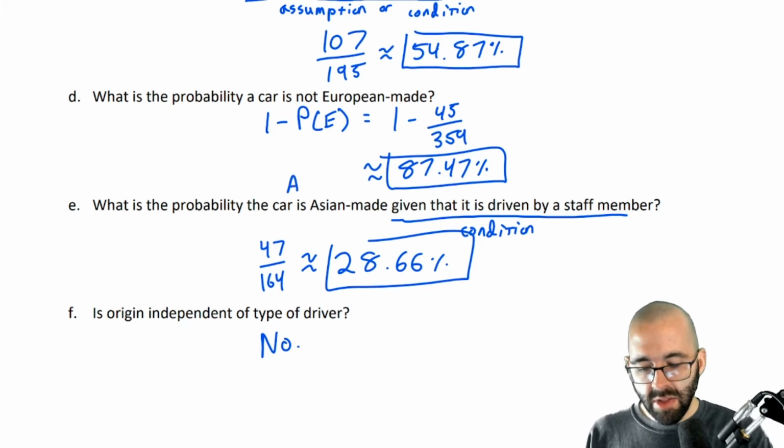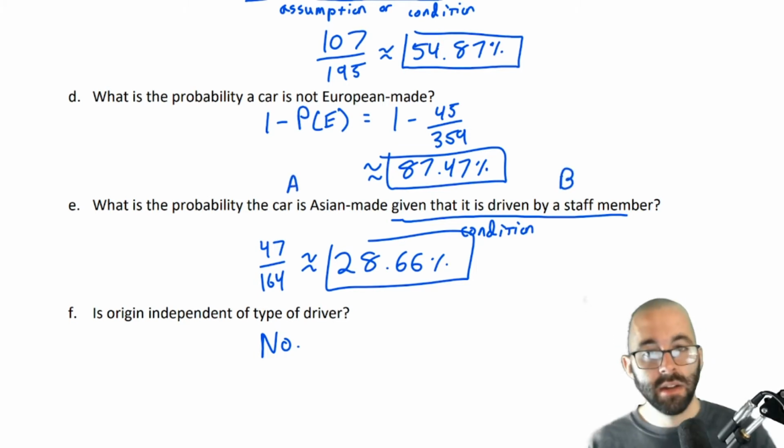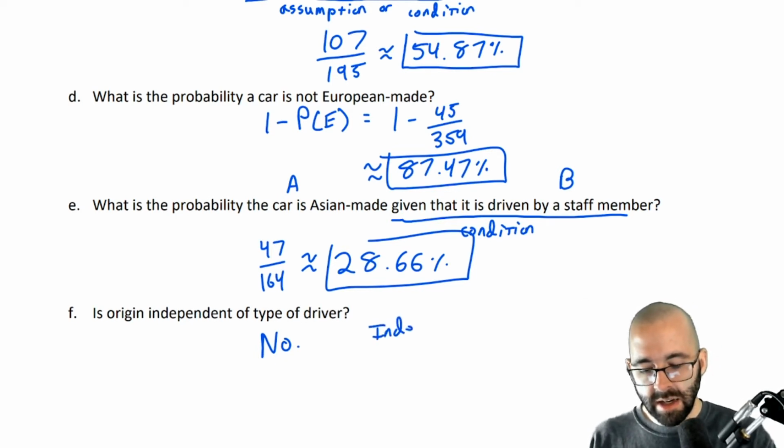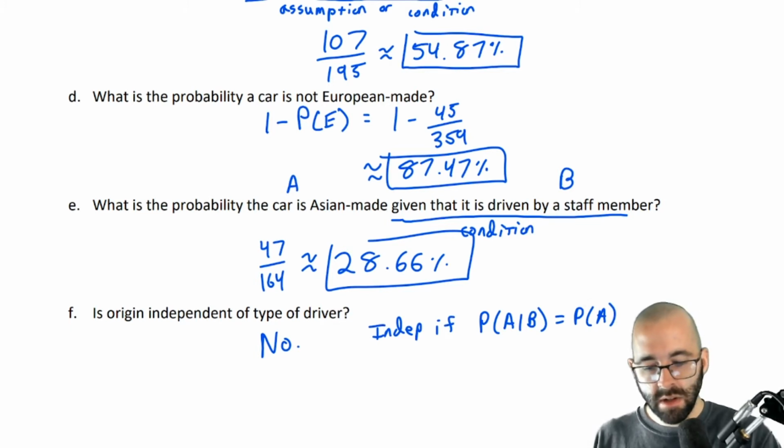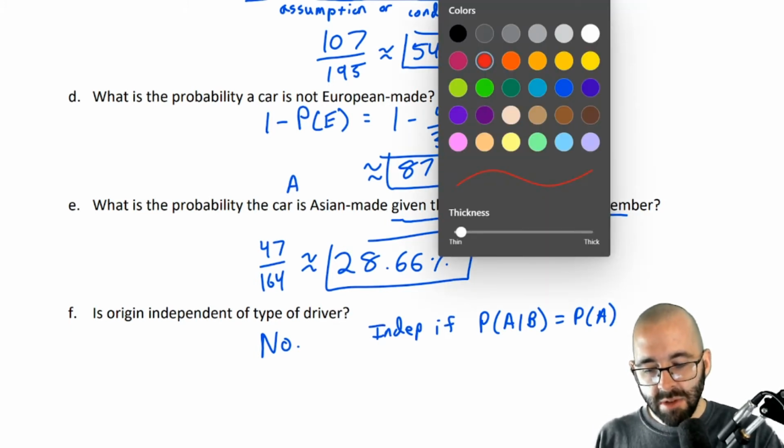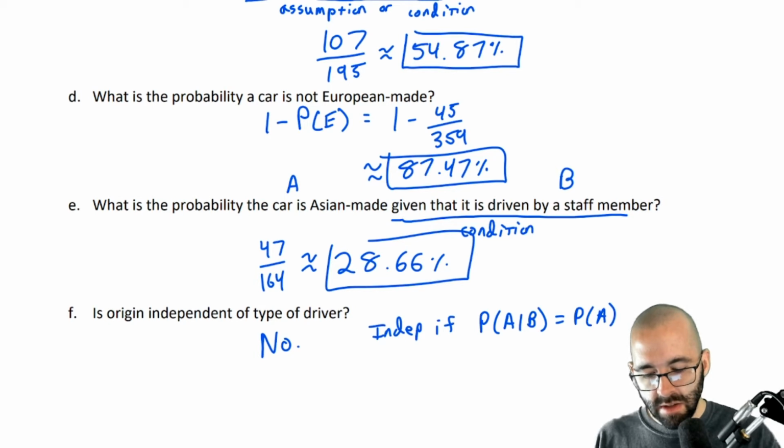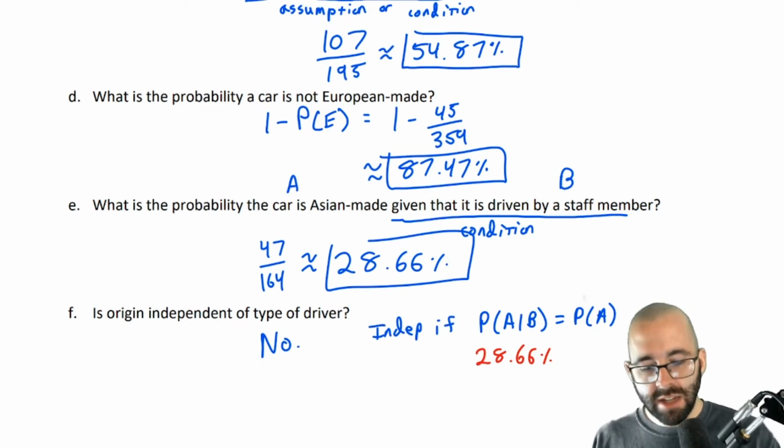Let's say this is an event A and this is event B. It's independent, right, if the probability of A given B equals the probability of A in general. But the probability of A given B we found in the last one, that's 28.66%.